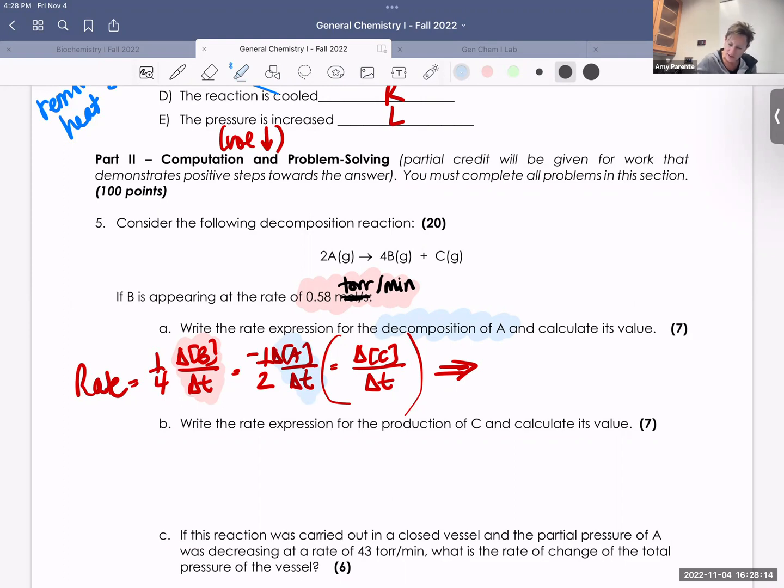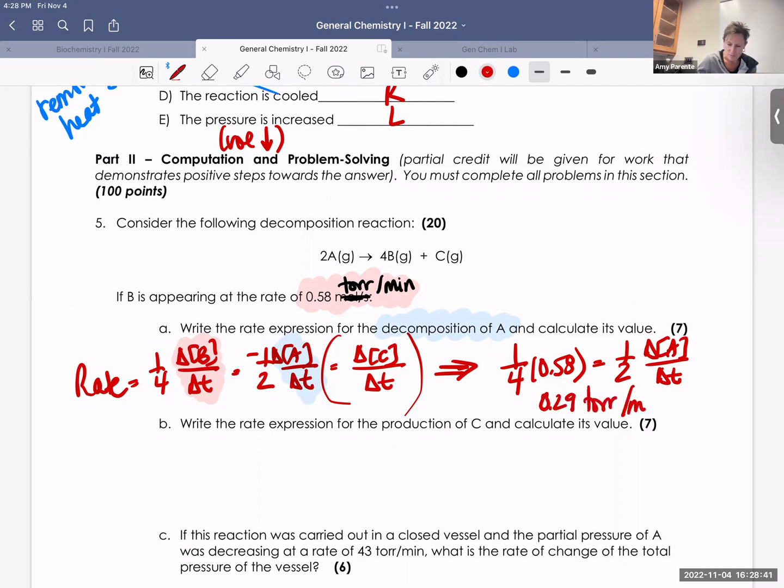So we're going to have 1/4 times a number, and that number is 0.58 equals 1/2 times what we're interested in, which is the rate of change in A, the decomposition of A. So 1/4 of 0.58, essentially we're going to multiply that by 2. That's how that algebra is going to work. And you get 0.29 torr per minute equals the change in concentration of A as a function of time.